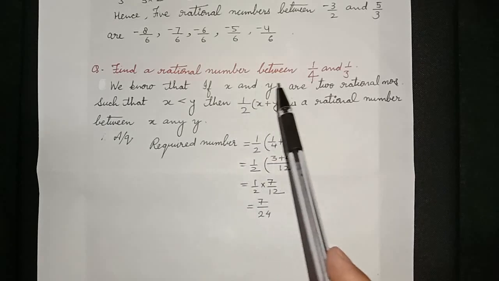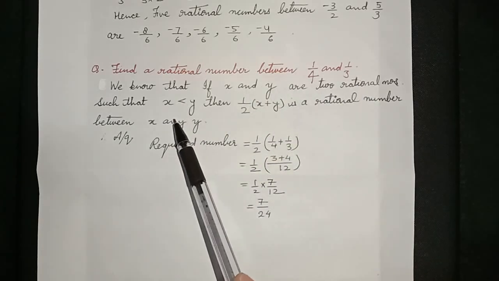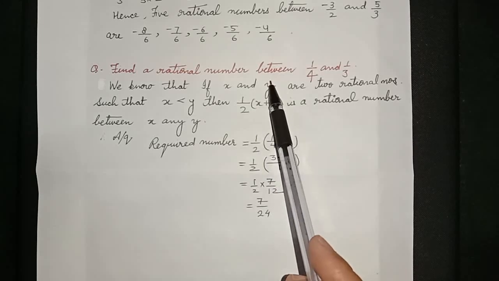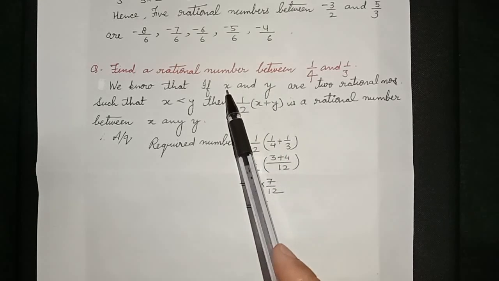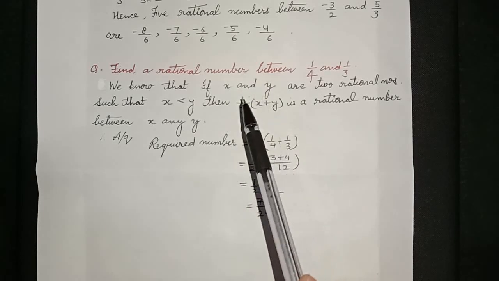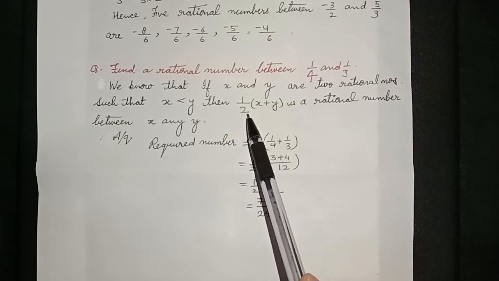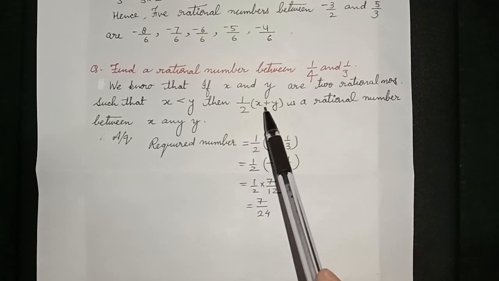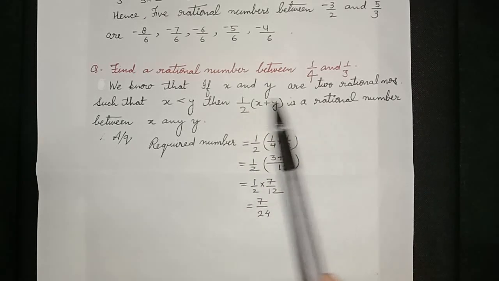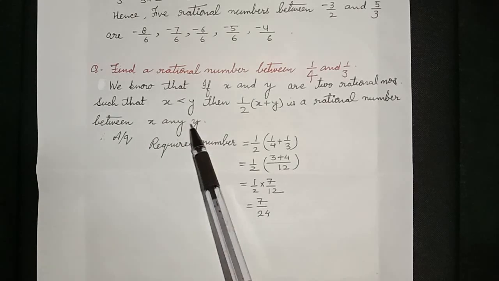If x and y are two rational numbers and this x is less than y, then to find one rational number between x and y, we can do this thing. 1 by 2 into x plus y is a rational number between x and y.